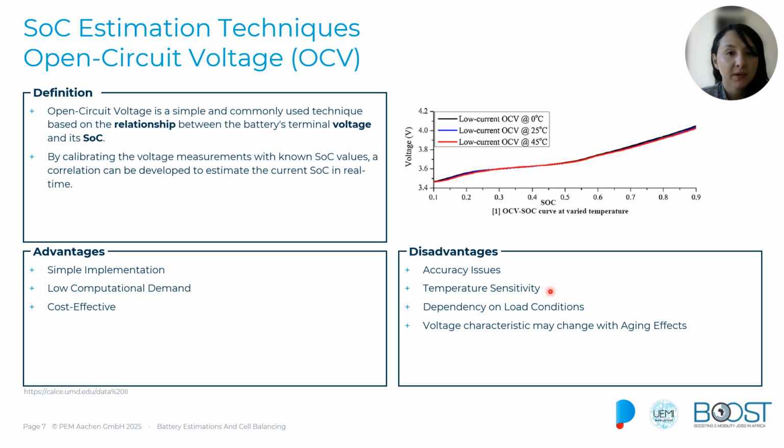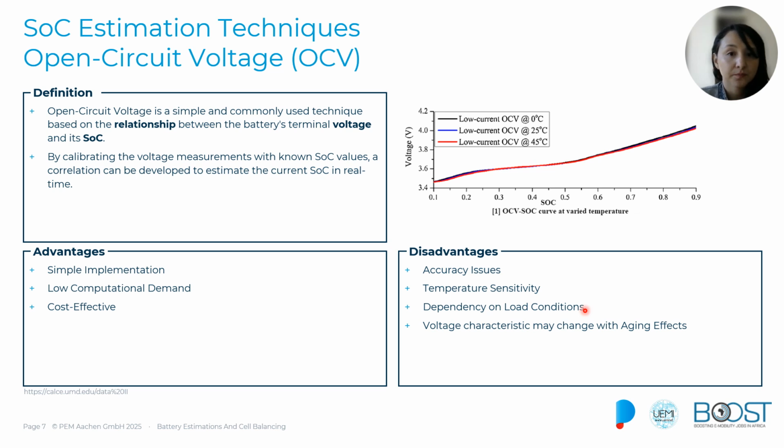Also, the battery voltage characteristics will change with the temperature, and that will affect the estimation. And also, this is a method that requires that the battery has to be relaxed in order to get accurate readings. And it's not always practical to have the battery relaxed and to only be able to capture the SOC value once the battery is relaxed.